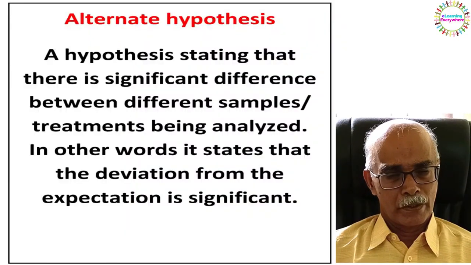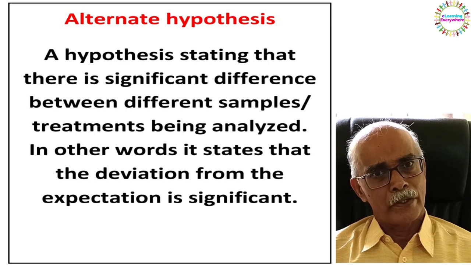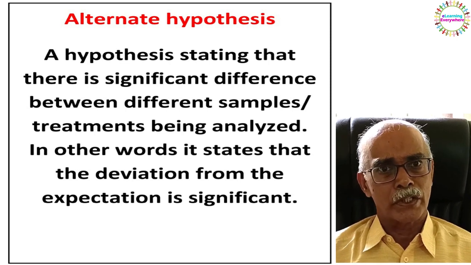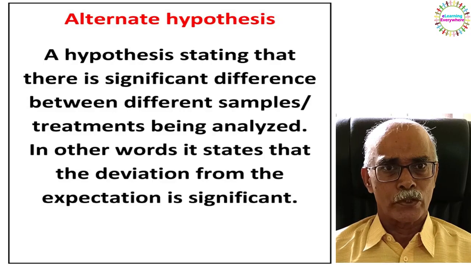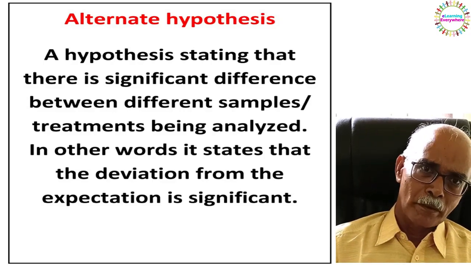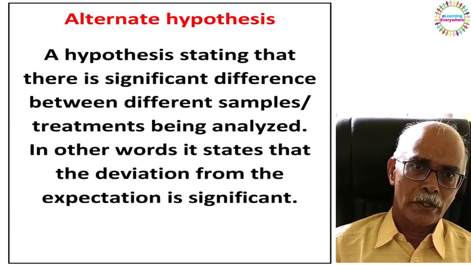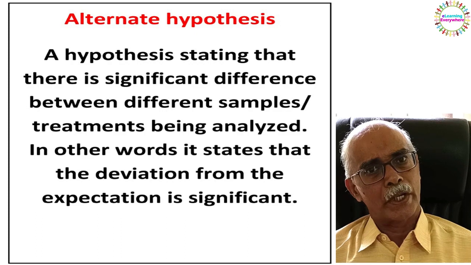And the other type of hypothesis is the alternate hypothesis. In that, you will say that there is significant difference in a particular phenomenon, a particular variable, between the first population and the second.